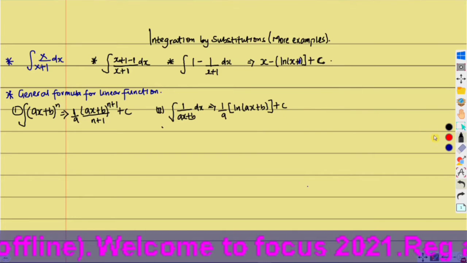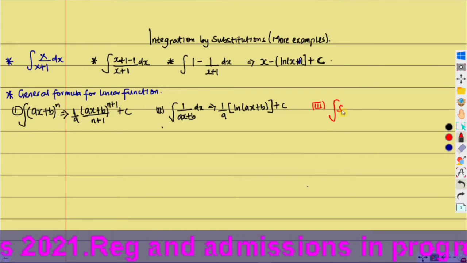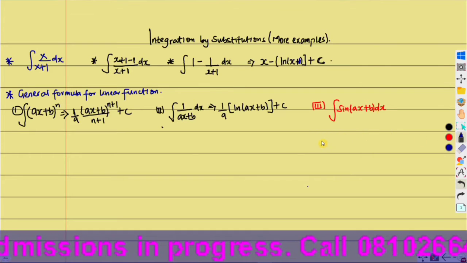We can take another one in terms of trigonometric functions. You can have a generalized function. So the third one, we have this expression: the integration of sine of ax plus b dx. The generalized formula you can use for that directly is also very, very simple.